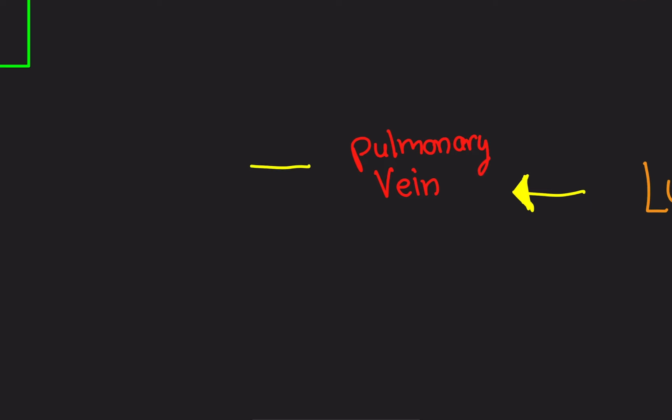So now we picked up oxygen. The pulmonary vein is going to take it back to the heart. And we're going to go into a chamber called the left atrium. Okay, left atrium.